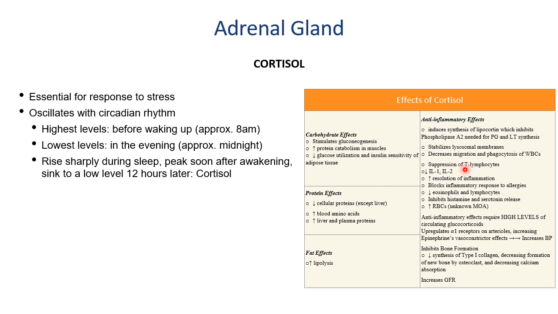That is why in diseases that have an autoimmune nature or a hyperimmune nature, where the immune system is dysregulated, we give patients corticosteroids to dampen the inflammatory response. So how does it do that? It induces the synthesis of lipocortin, which inhibits phospholipase A2 and therefore inhibits prostaglandin synthesis.